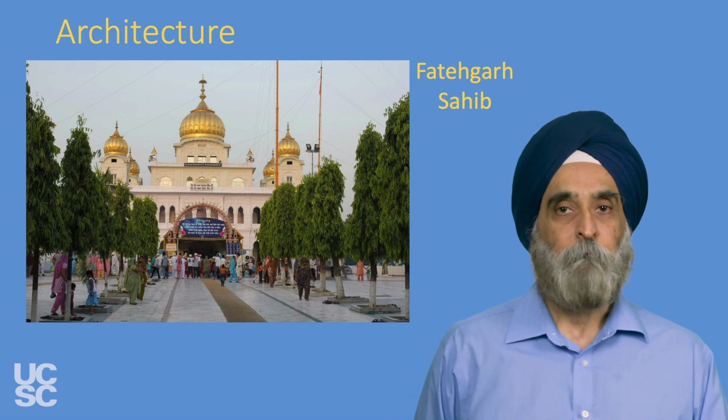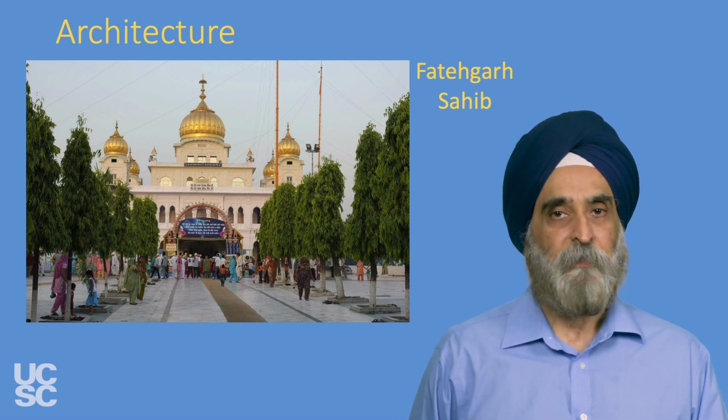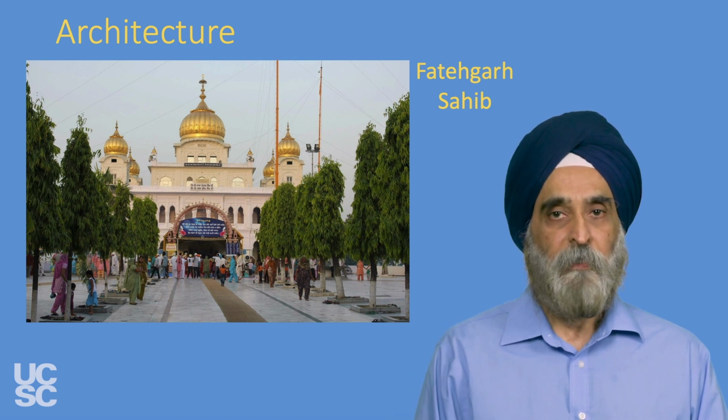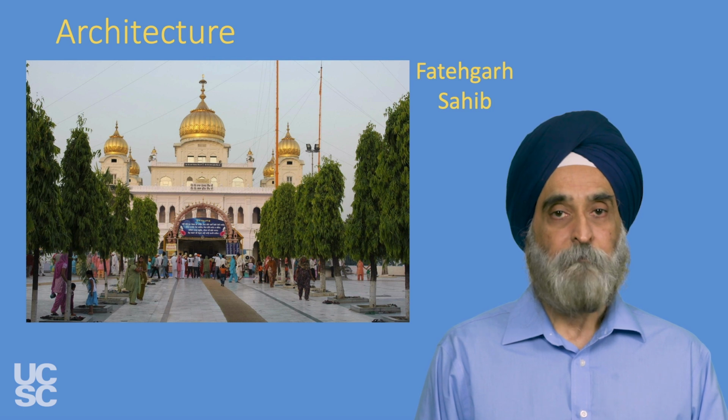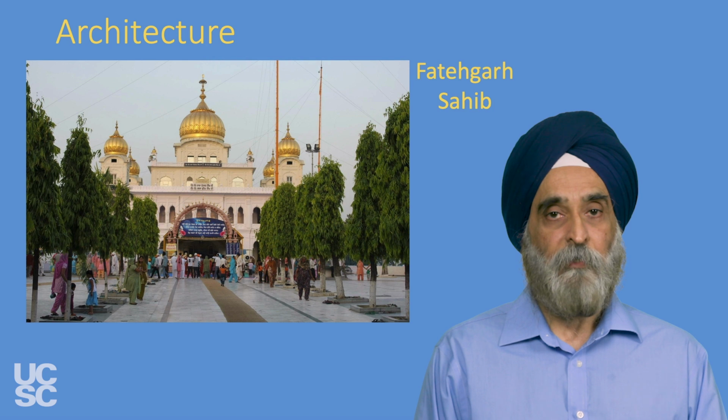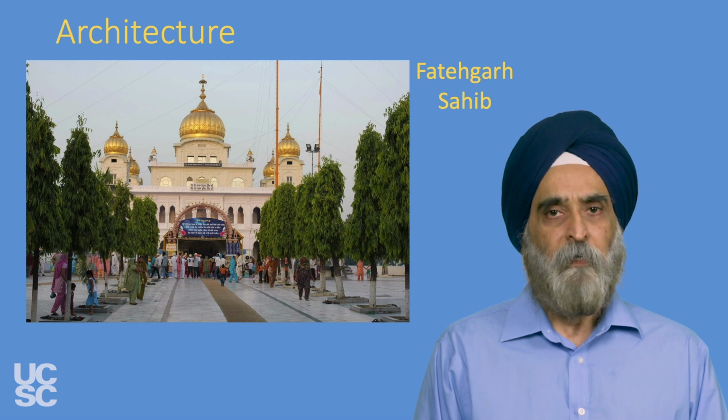This is Fatehgarh Sahib, and Fateh, as I pointed out earlier from the Sikh greeting, means victory, and Garh again is fort. This is the site of the execution of Guru Gobind Singh's 2 younger sons. And again, you can see the central dome and 4 corner domes, and also even smaller domes surrounding the central dome.